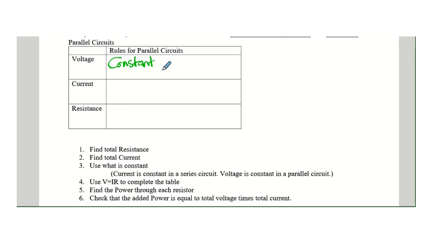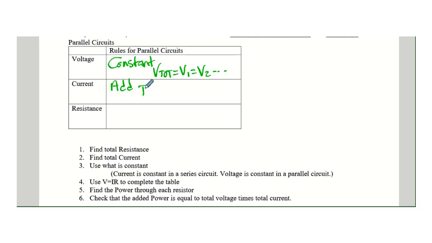Which means that the total voltage is equal to the voltage in resistor 1, equal to the voltage in resistor 2, and so on, for however many resistors we have in our parallel circuit. The second rule for parallel circuits is that current adds.